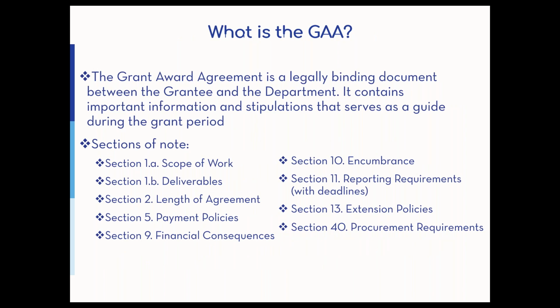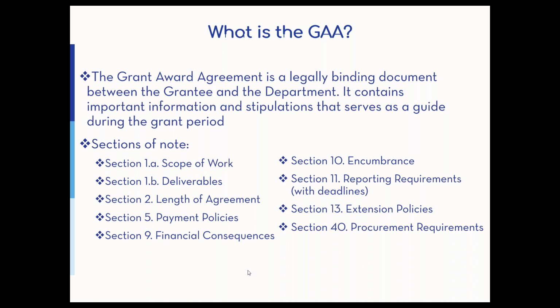Okay, so what is in the grant award agreement? It's a legally binding document, obviously, between you and us. And there are some of the super important sections I want to point out.